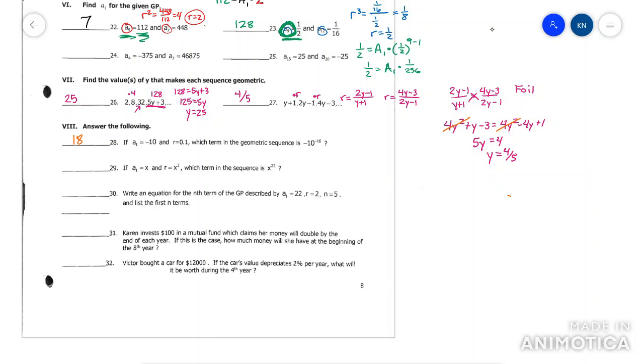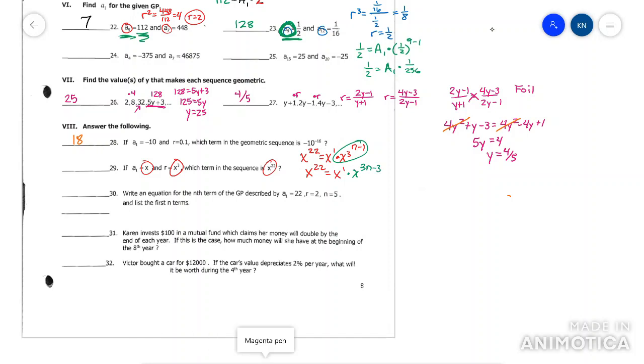Okay, on 29, I know my output is equal to my first term times my rate to the n-1. So the first thing that I did was I did this power to the power. You have to distribute it, so it becomes 3n-3, like that.